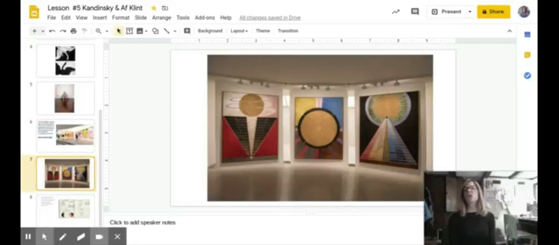So we first learned about Hilma af Klint in 1986, but she created this work back in 1904 to the 1920s and beyond that into the 1940s.